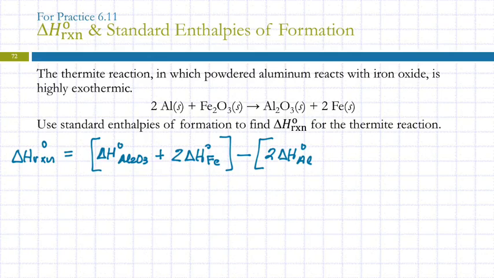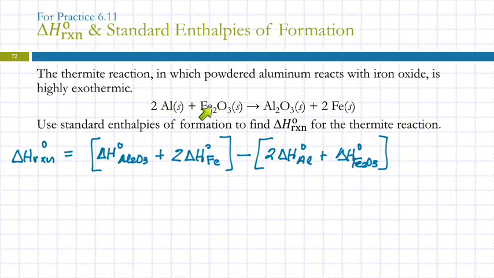So that's for aluminum and delta H for Fe2O3. So we take our products. If there's a coefficient, we multiply. Heats of formation for those things. And then we subtract all the heats of formation for the reactants. So this is a lot like other delta things, like delta T, where you take the final minus the initial. Here we're taking the final minus the initial.